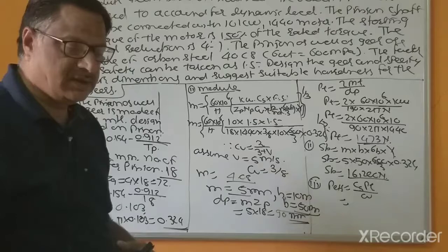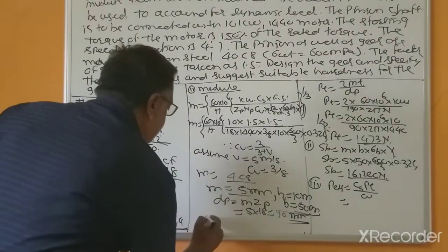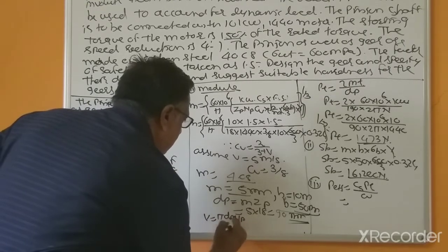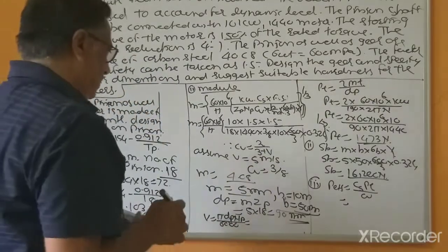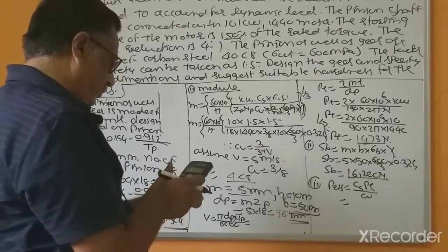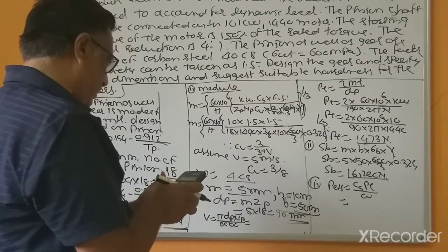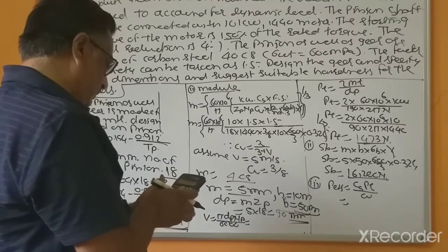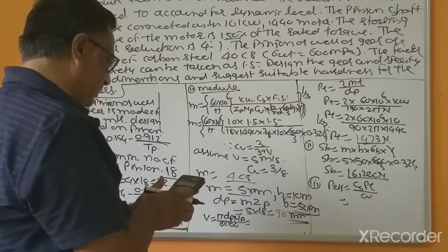So here, after the module, we should calculate V equal to pi into d_p into N_p divided by 60,000, because previously we assumed V. So pi multiplied by 90 into 1440 divided by 60,000.